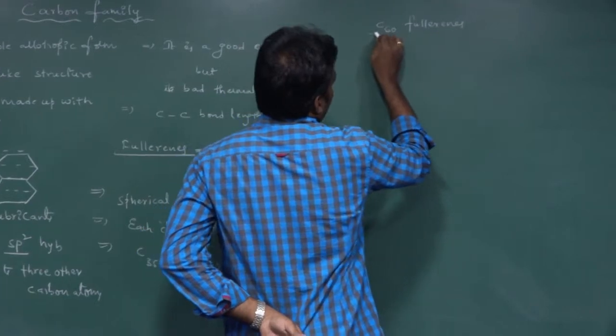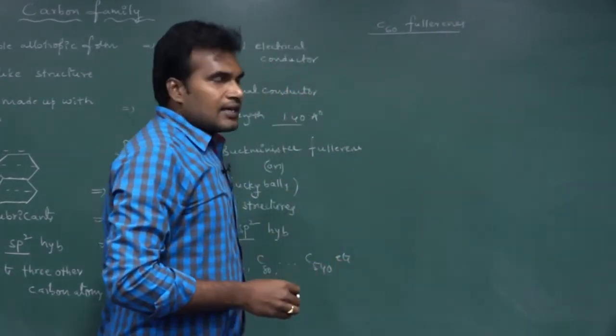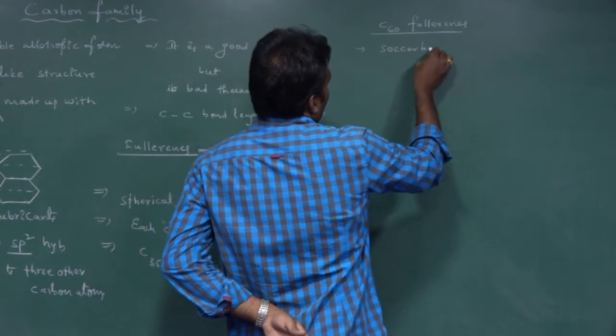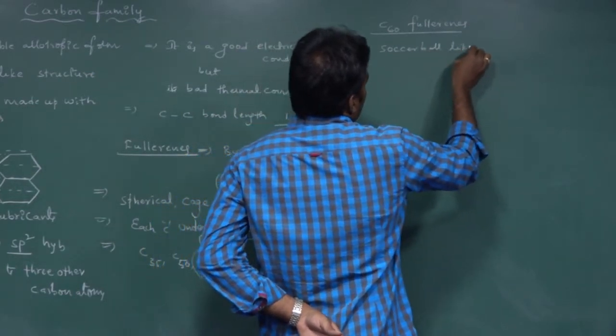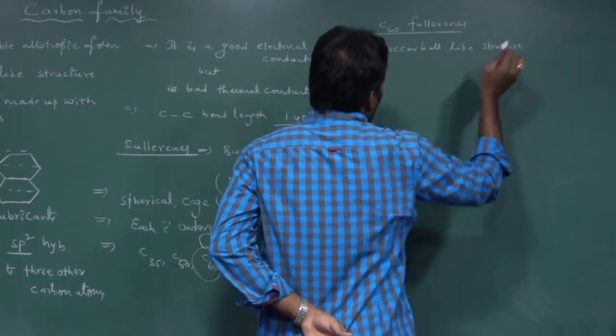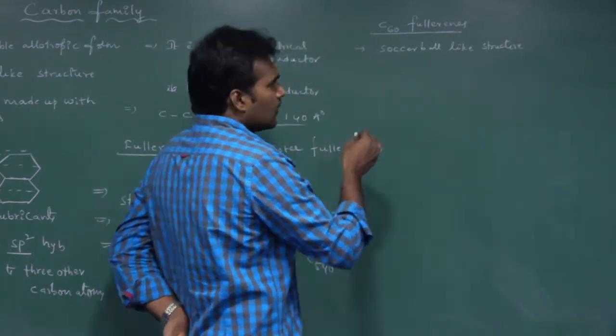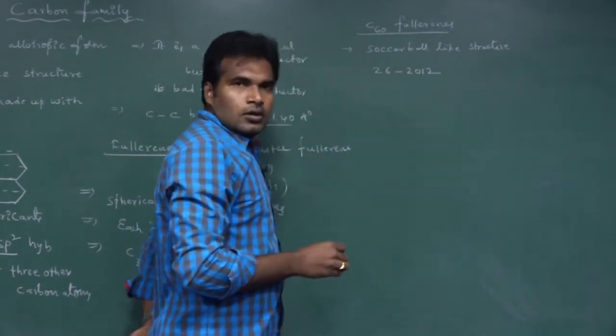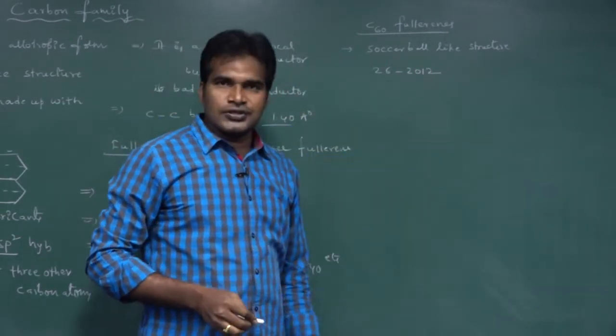The C60 fullerene is a soccer ball like structure. You remember a code here, that is 26th of 2012.